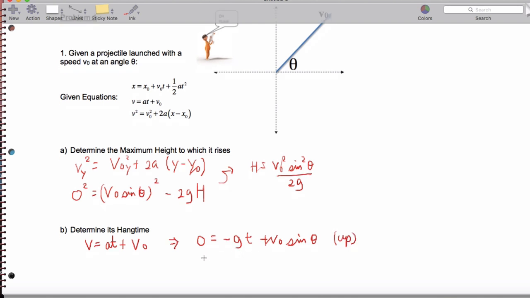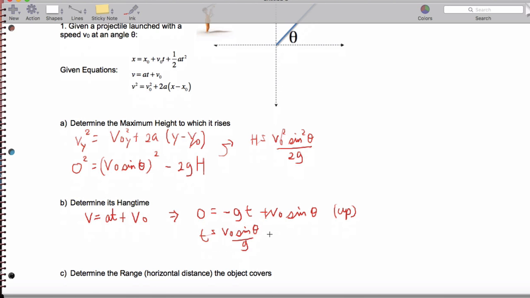So we're going to end up getting that the time is v naught sine theta over g. So we're going to double this time. So the hang time is going to equal 2 v naught sine theta divided by g.